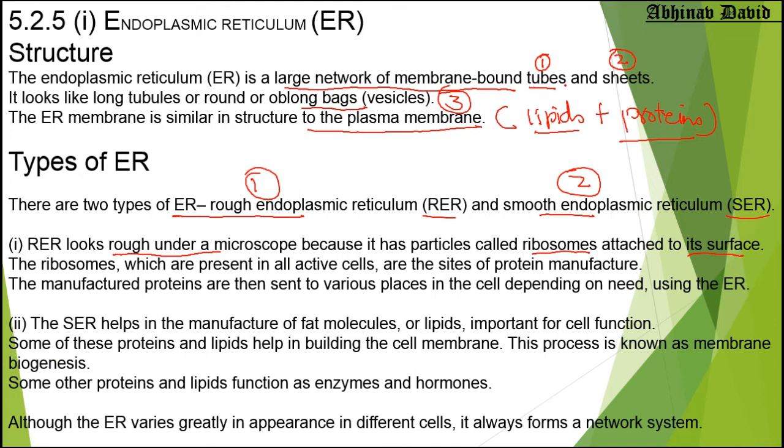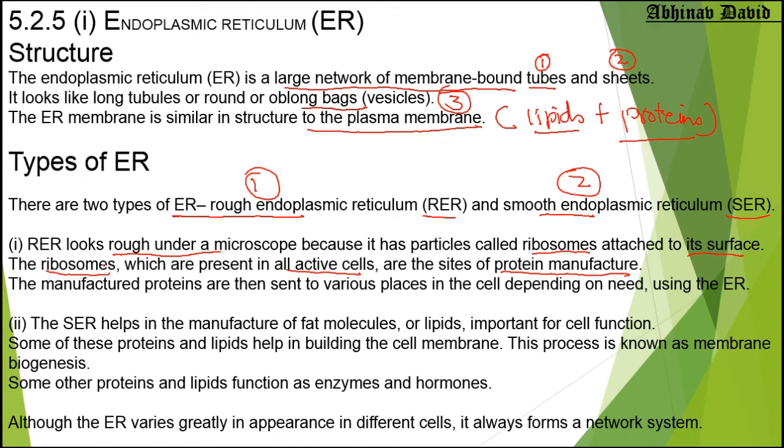Now because of the ribosome, the functionality of the endoplasmic reticulum also changes. The ribosomes, which are present in all active cells, are the sites of protein manufacture. So always remember that proteins are basically manufactured by the ribosomes.